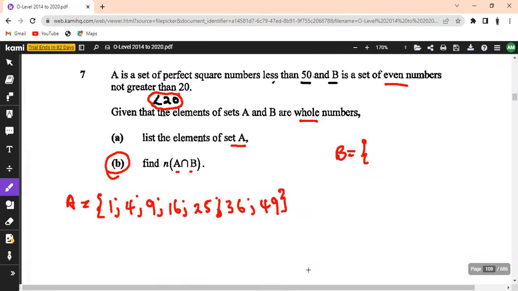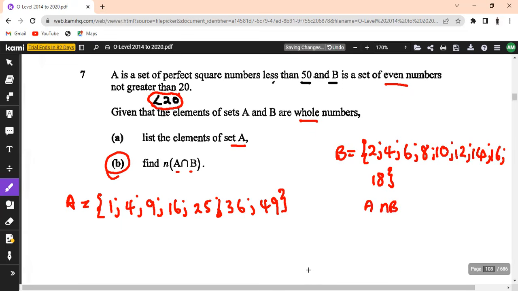So you are referring to 2, 4, 6, 8, 10, 12, 14, 16, 18. So 20 is not included.